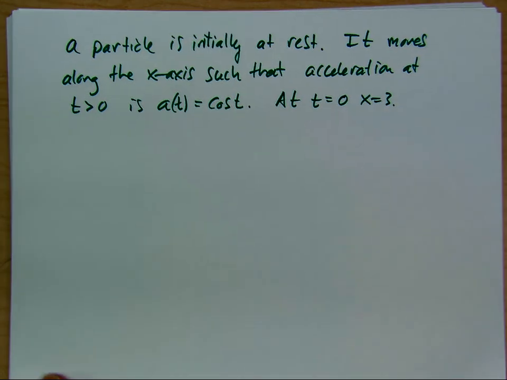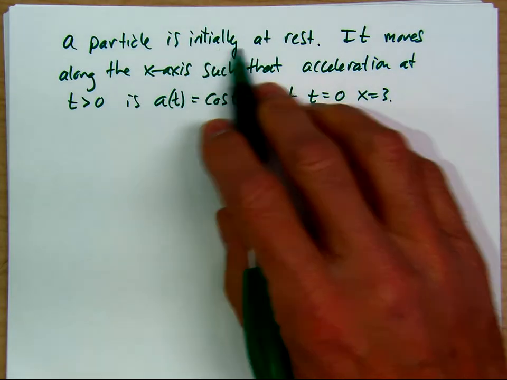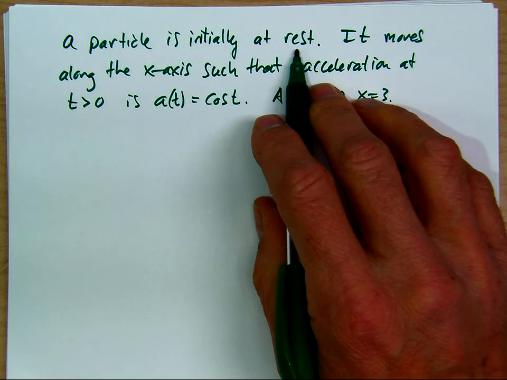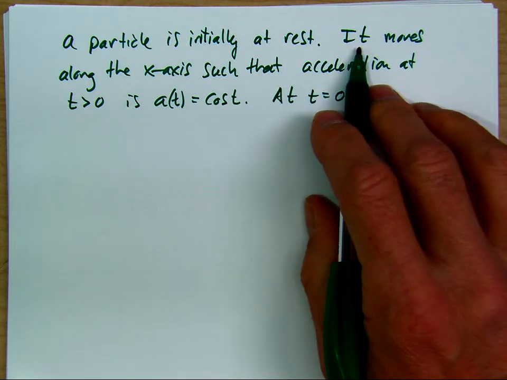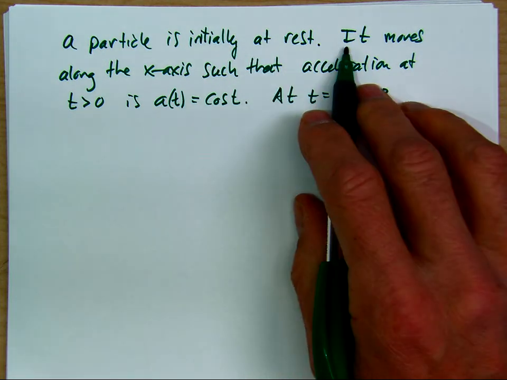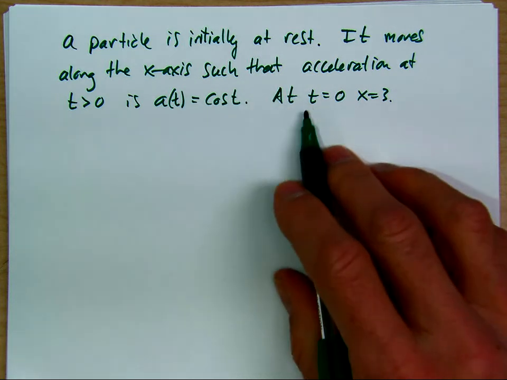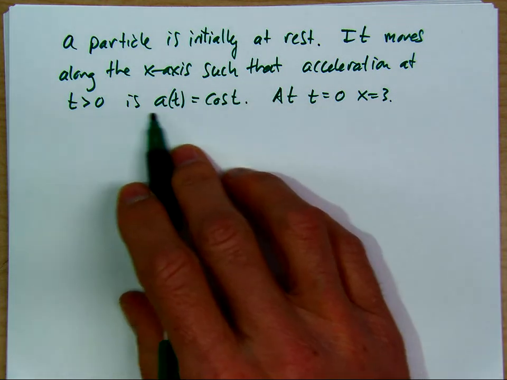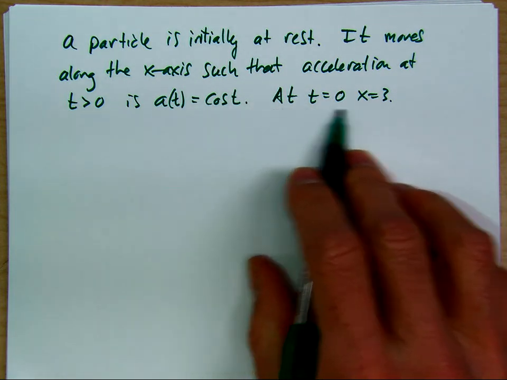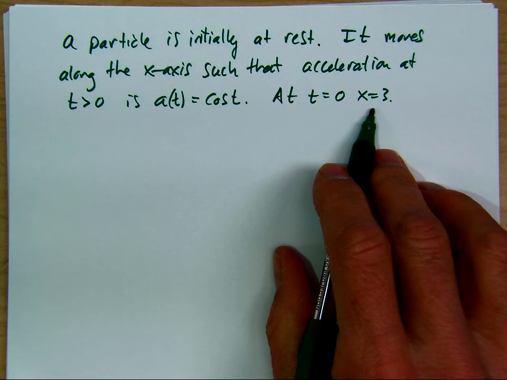All right, a particle is initially at rest. There's the initial condition without giving any numbers. It moves along the x-axis such that the acceleration for positive time is this. Here's an initial condition for position.